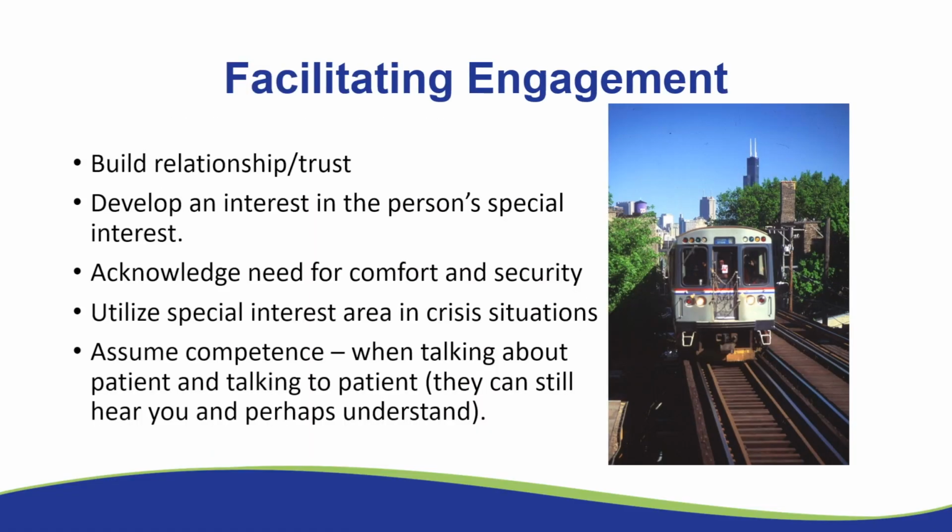You want to build trust with the person. So again, use trustworthy language and communication. Talking about their special interests in a crisis is important, if they're able to focus on their special interests. Sometimes a crisis can be brought on by too many demands at once, and also undiagnosed medical conditions.